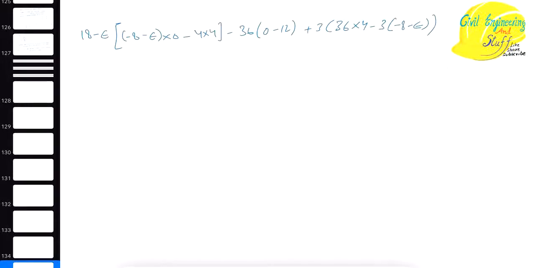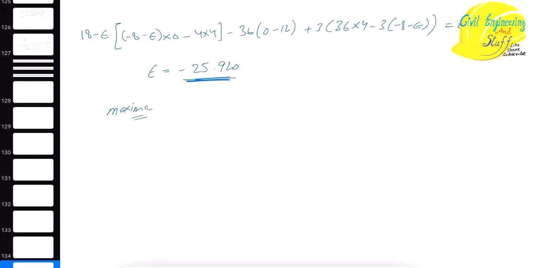Okay, so on solving it, you will get the value of e to be minus 25.920. Okay, since the value is negative, at this point we are getting maxima.